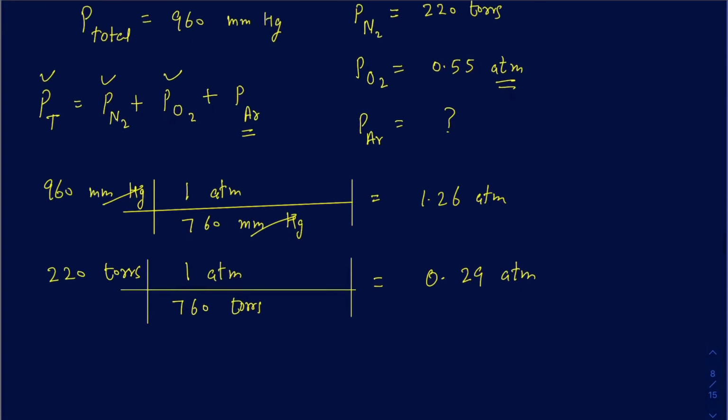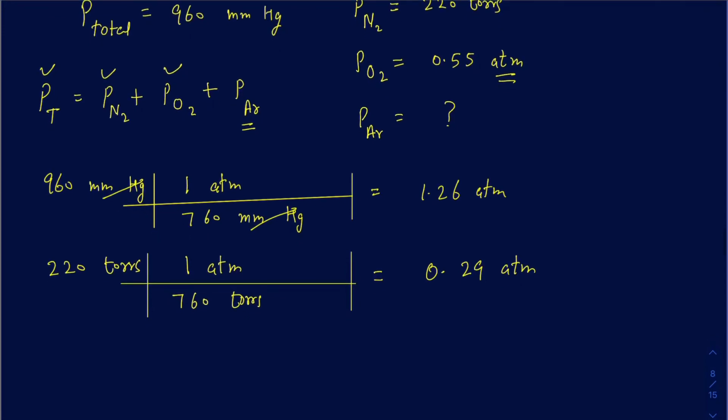So it seems like we've got everything under control here. I can rearrange this so that the pressure of argon is equal to the total pressure minus the pressure of nitrogen plus the pressure of oxygen.